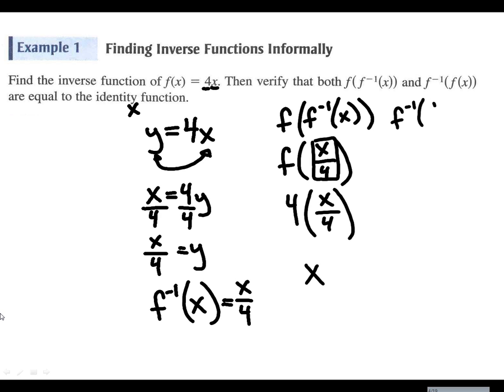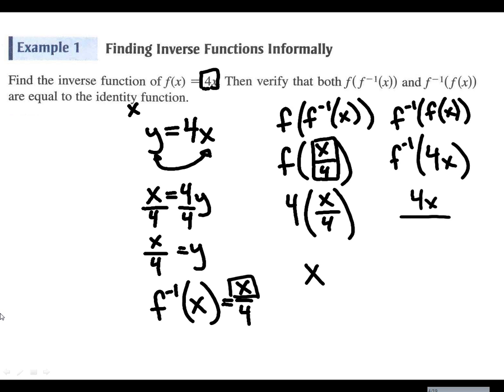The inverse of f of x, where f of x is 4x, and the inverse tells us to take our input and divide by 4. 4x divided by 4. The 4's do cancel, and we do indeed get x. So 4x and x over 4 are inverses of one another.